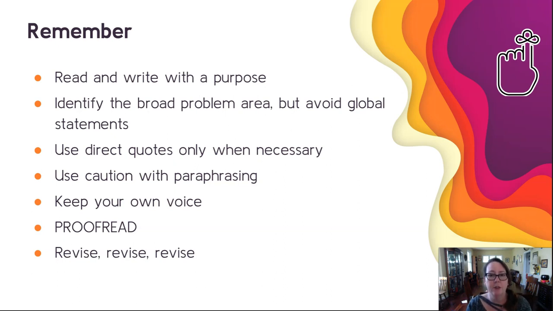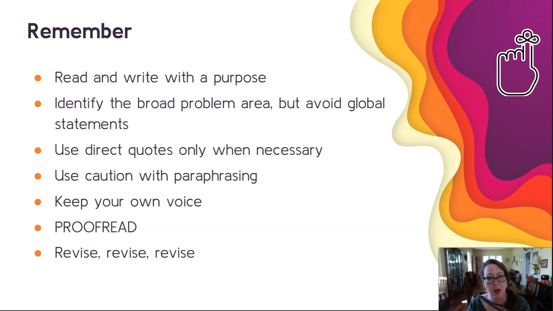Be wary of using direct quotes. So students often use a lot of quotes in part because they're not sure of their own voice in the literature review writing process, but also because they're not exactly sure how to say things. So if you're using direct quotes, make sure that it's essential.